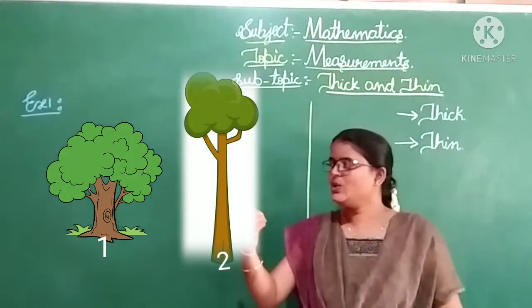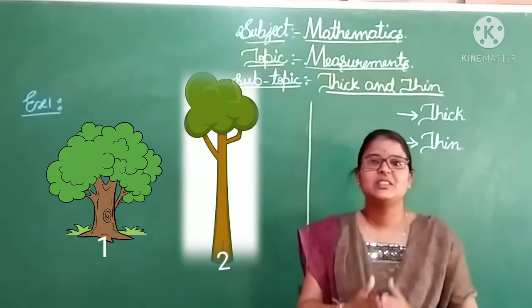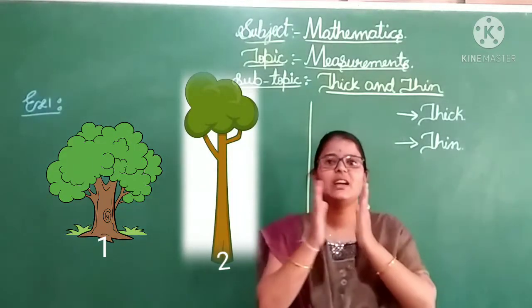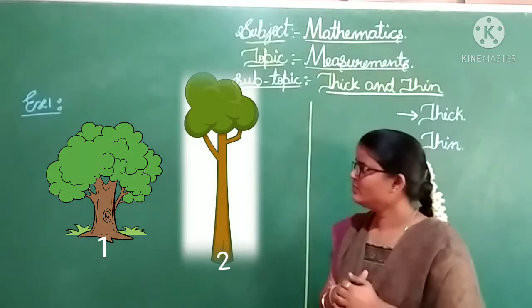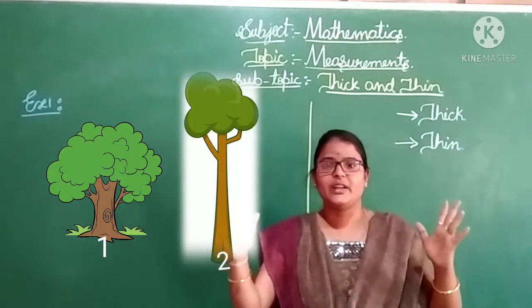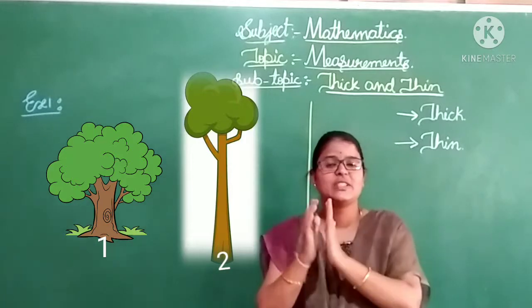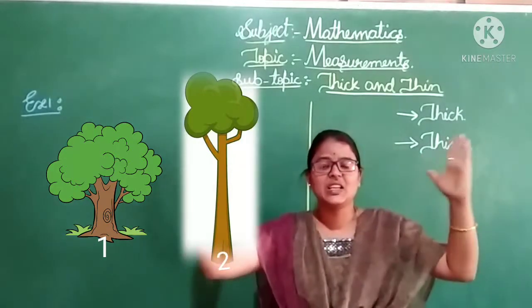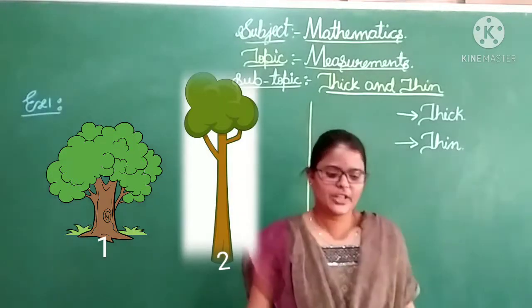You compare the two trees and you have to tell which is the thickest tree and which is the thinnest tree. See here. Tree number 1 is the thickest tree and tree number 2 is the thinnest tree. You have to see my hands. Write down here.